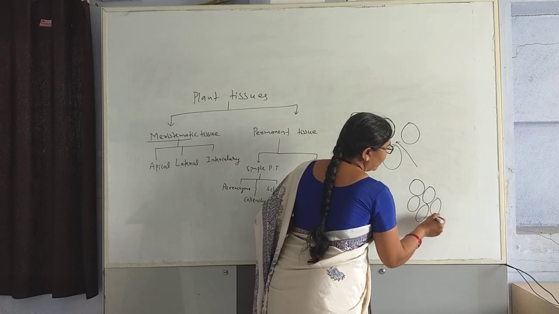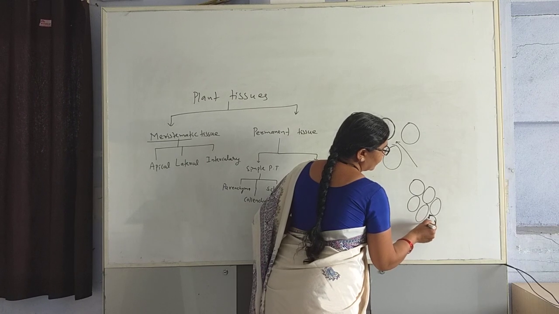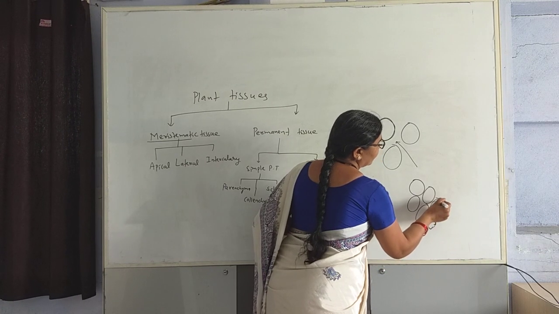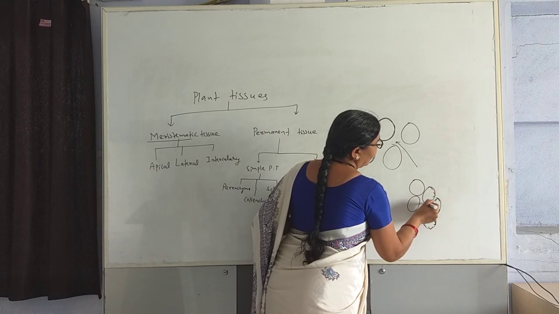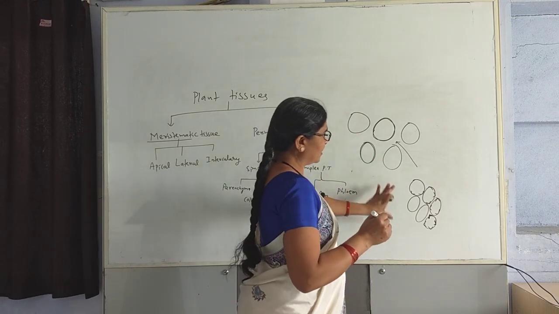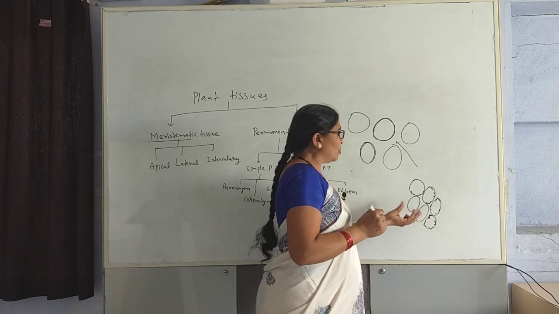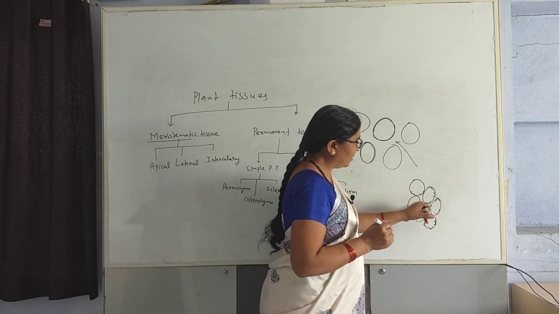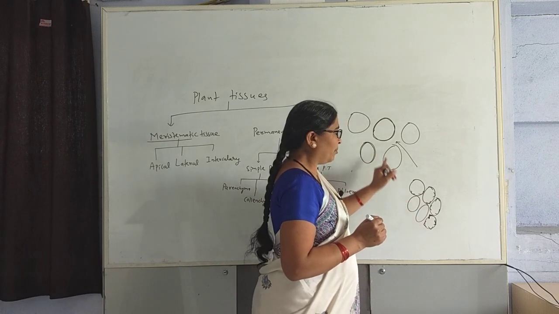The cell wall is thickened at the edges. When compared to the parenchyma cells, collenchyma cells are arranged a little more closely to each other. The intercellular space is very small compared to the parenchyma.